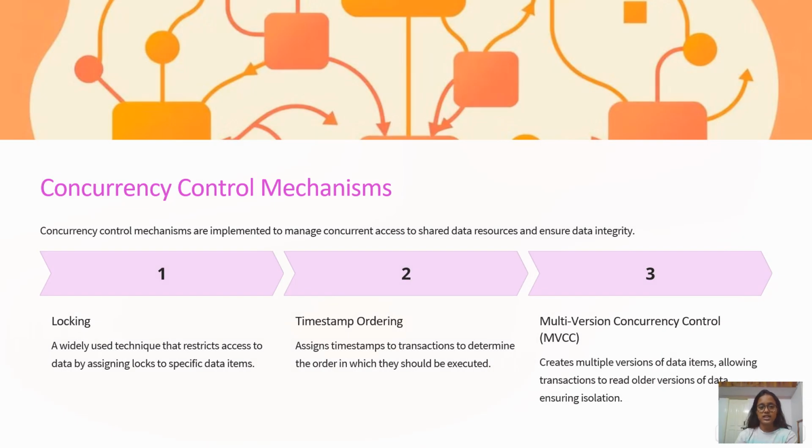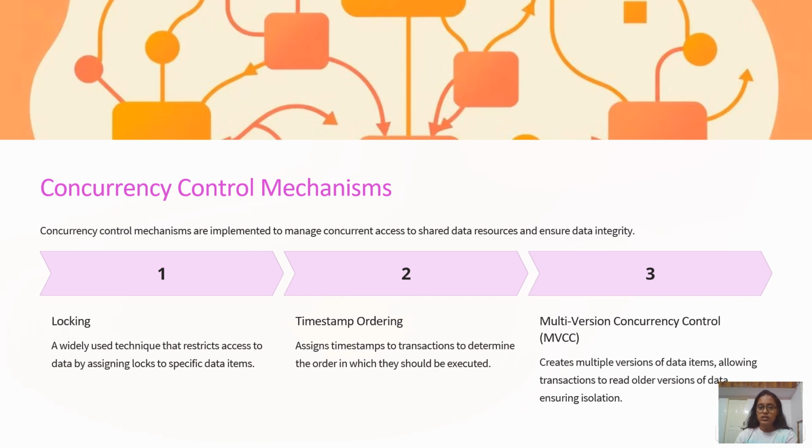So next let us see the concurrency control mechanisms. Concurrency control mechanisms manage simultaneous transactions to maintain data consistency and isolation. Common techniques are locking, timestamp ordering, and validation based methods. Locking is nothing but preventing concurrent access to the same data by restricting transaction execution.